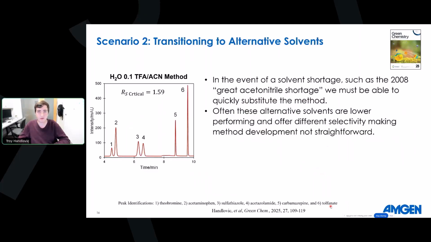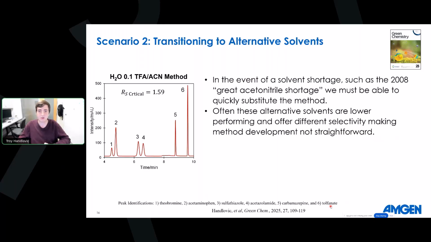Alternatively, we can use the in-silico model to replace less desirable or less green solvents with greener solvents. Outside of improving our method's greenness, we could see scenarios like this if we have shortages of chemicals, such as the 2008 great acetonitrile shortage that we had in the US.